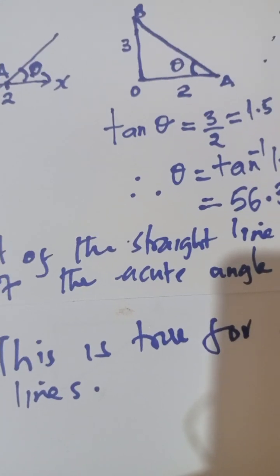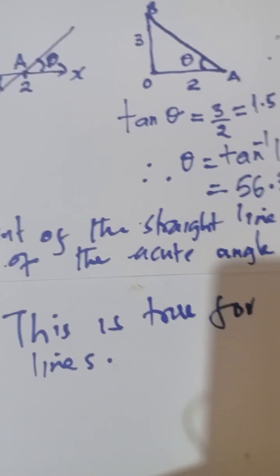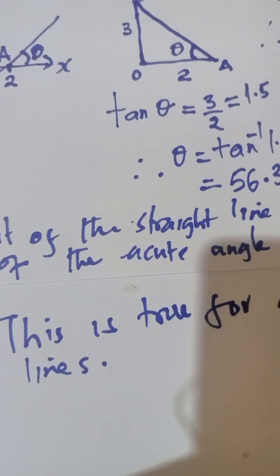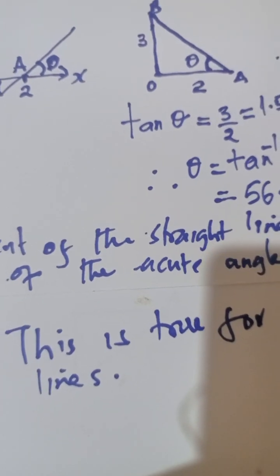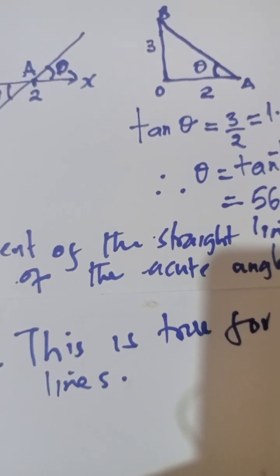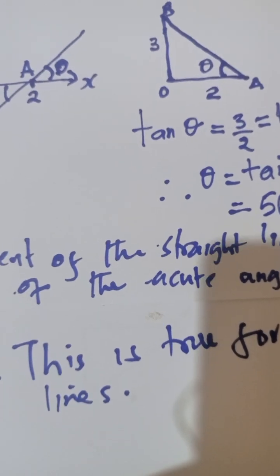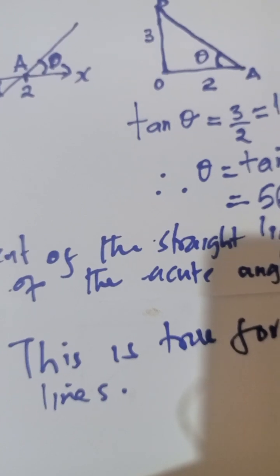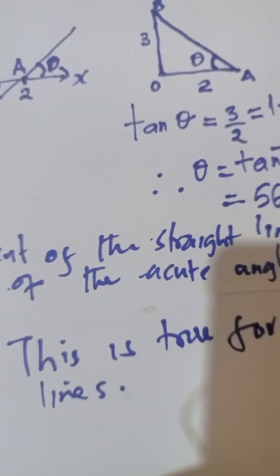For all straight lines that intersect the x-axis, we can determine the angle between the line and the x-axis by just considering the gradient of the line, because the gradient of the line is equal to the tangent of the angle that is meant.